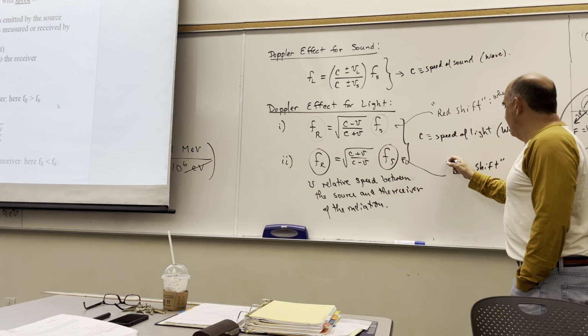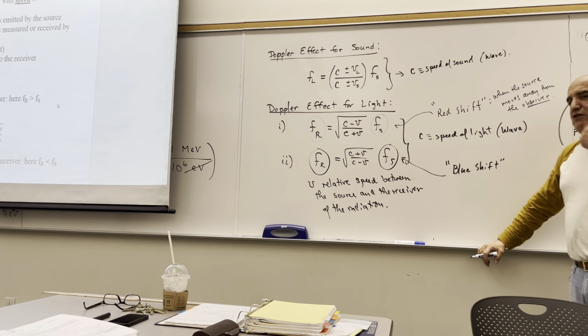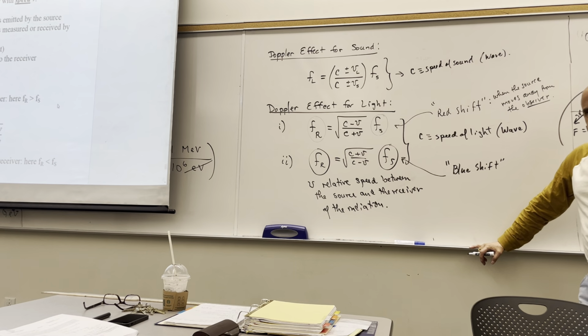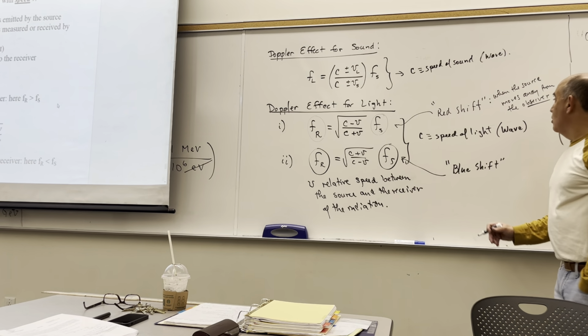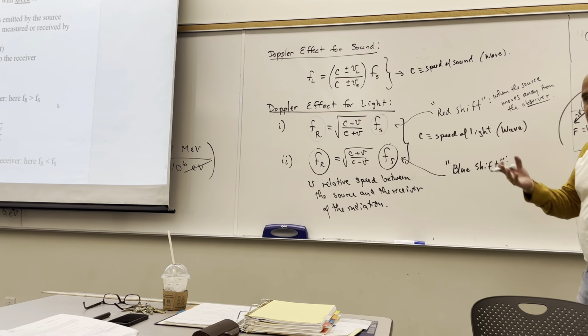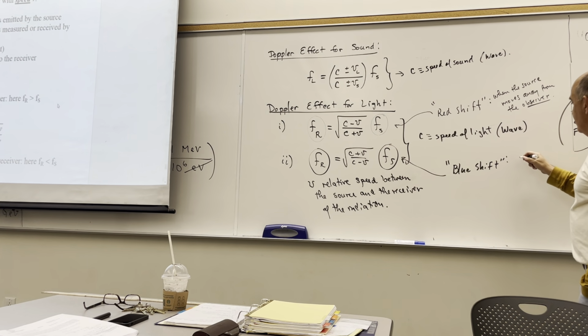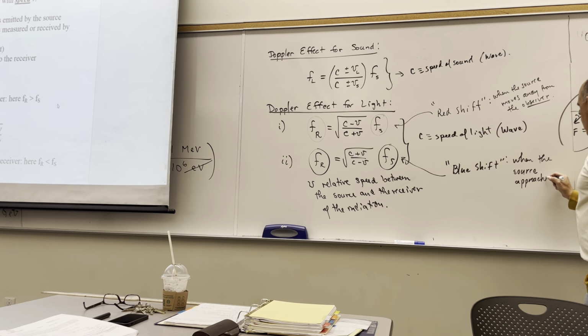So when people talk about a blue shift, it means that the frequency of the wave that is received, picked up, detected, heard, observed, is higher than the frequency that was actually emitted by the source of the wave. So you get a higher frequency when the source is approaching you. So this happens when the source approaches the observer or receiver.